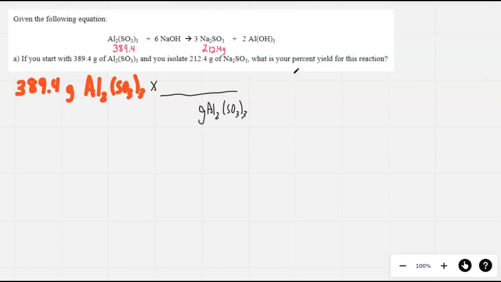SO3, 3. 294. Here, let me look it up real quick. You got that too? So I like the confirmation there. So you said 294 grams of Al2(SO3)3 for 1 mole. Sounds good.